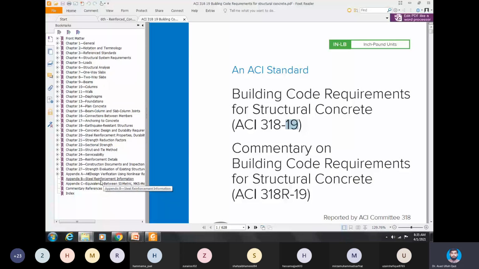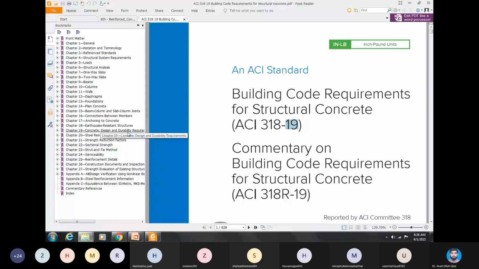And finally, in your civil engineering, you have to consult this document. Chapter 25 describes reinforcement details. And chapter 22 on sectional strength, concrete design and durability requirements, chapter 19.